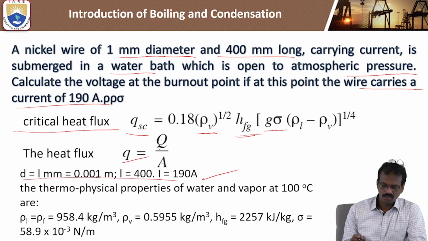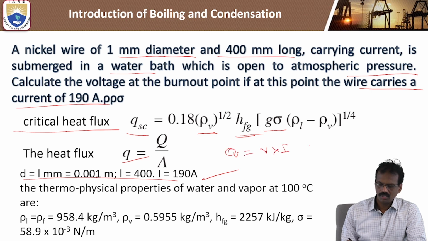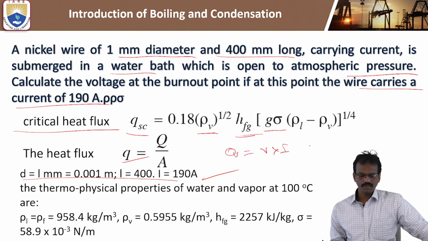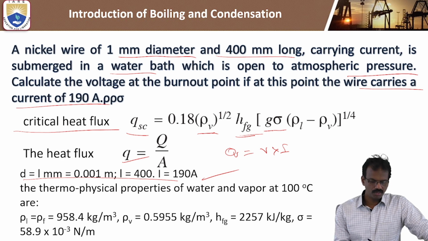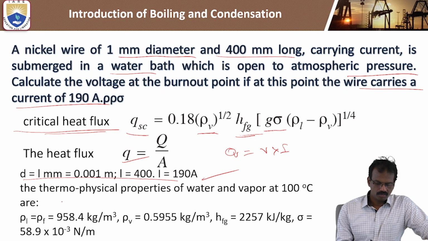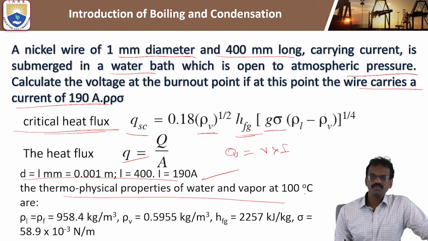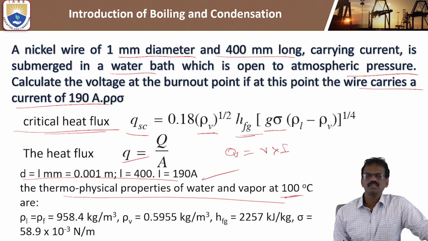You can find out the Q value here because Q is equal to V into I, already given. Okay, but at point of critical heat flux, you have to find out the voltage also. Next one, you know the thermophysical properties of water at saturation temperature of water, that is 100 degrees Celsius, based upon the atmospheric pressure.